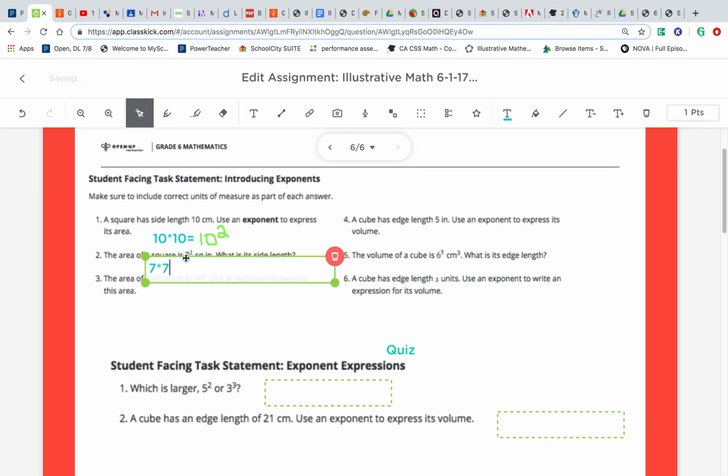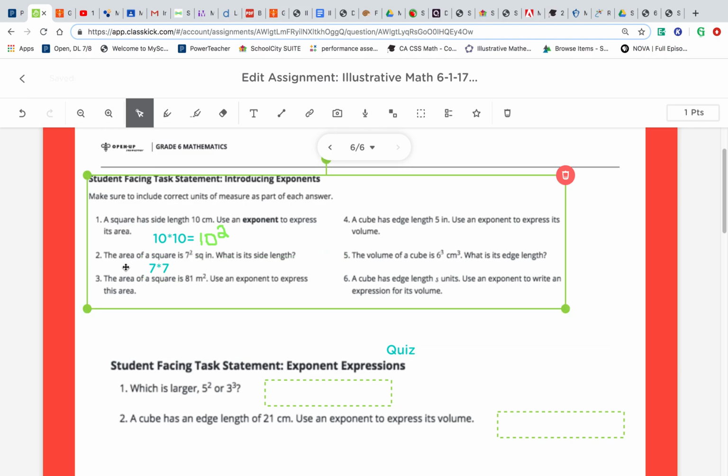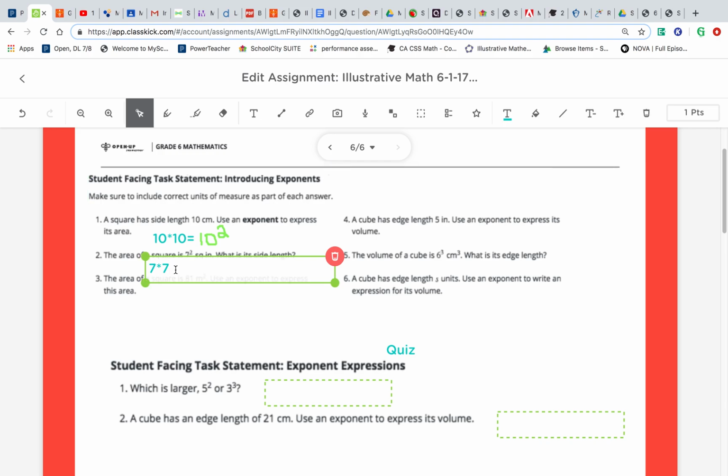So 7 times 7 is what you would do to get the area. And so the side length, just as it was 10 in this case, the side length has to be 7.